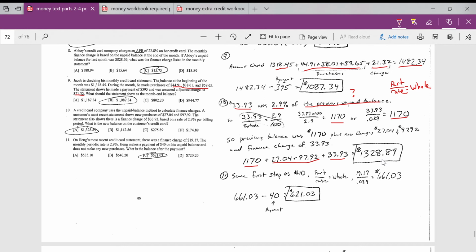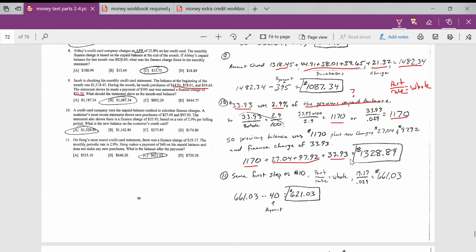So kind of a lot going on there, but take it one step at a time. You have to find the old unpaid balance first. That's what we did up here. One of two methods, the proportion method or using the variation of the percent equation, and then add on the new charges.